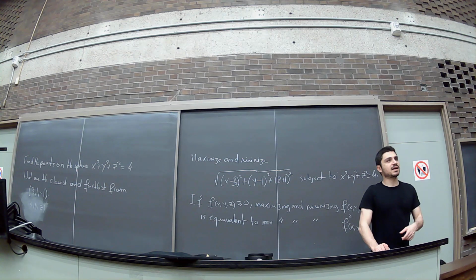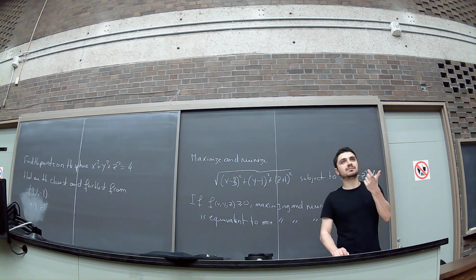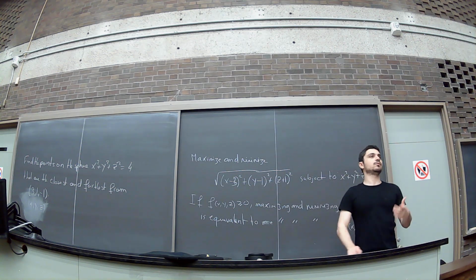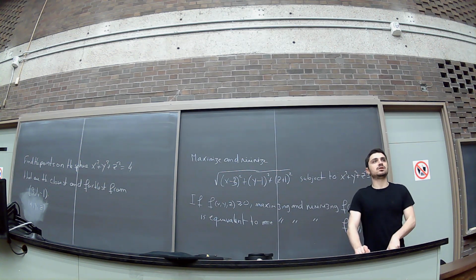If I tell you minimize x on the interval 1, 3, where is the point where you reach the minimum? 1. Where's the point that you reach the maximum? 3. If I tell you minimize x squared on the interval 1, 3, where is the point that you reach the minimum? 1. The maximum? 3.